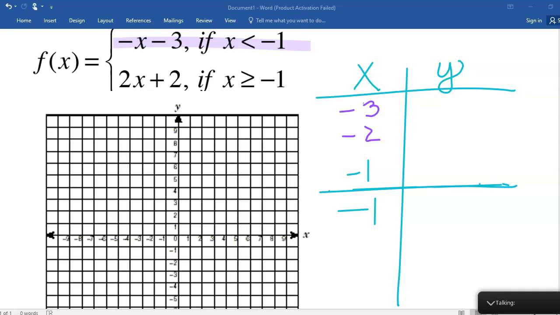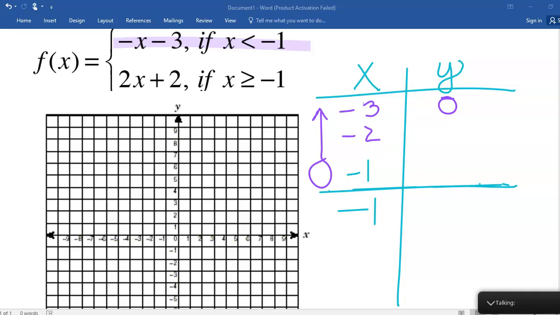At -1, is that point on my graph going to be open or closed? Because it's less than but not equal to. All right, plug in your points. When x is -3, a minus, a minus turns to a plus. So at -3, you get 3 minus 3, which is 0.